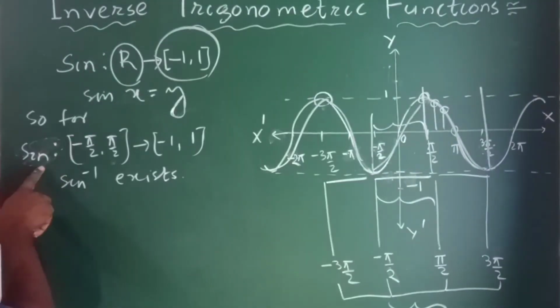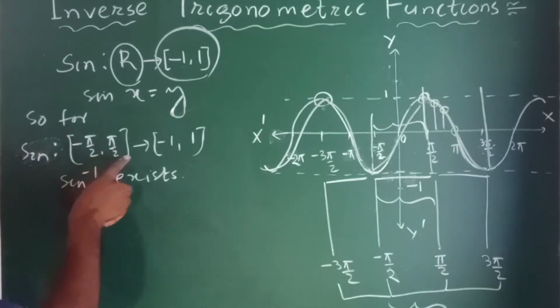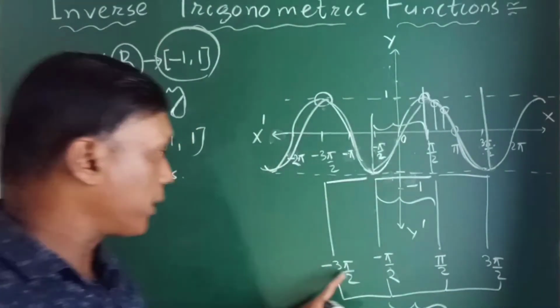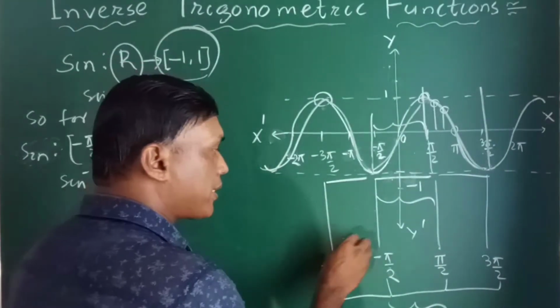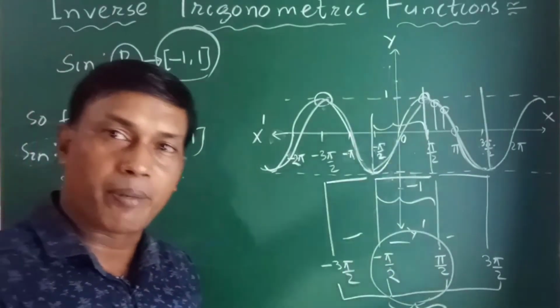So if sine is a function from minus pi by 2 to pi by 2 closed interval to minus 1 to 1 closed interval, then sine inverse exists. There are different intervals, there are different branches, but we take this branch for its inverse function.